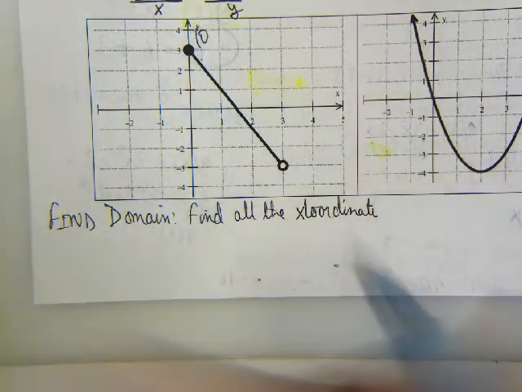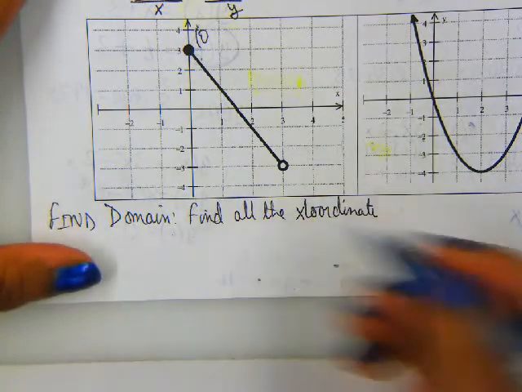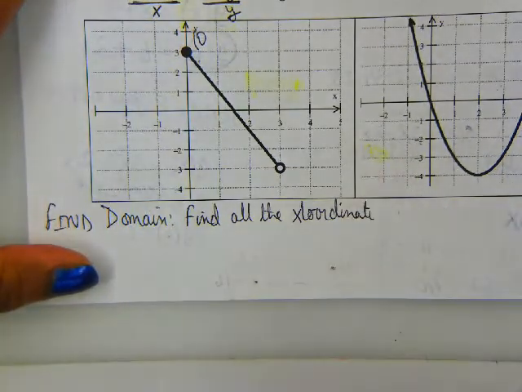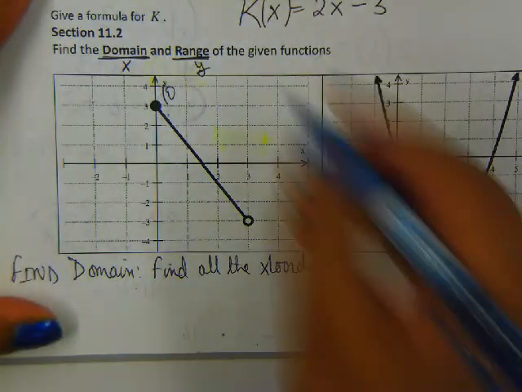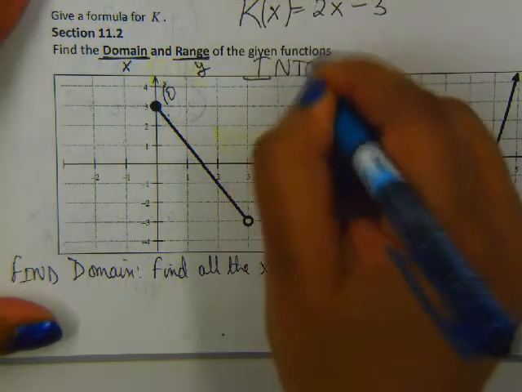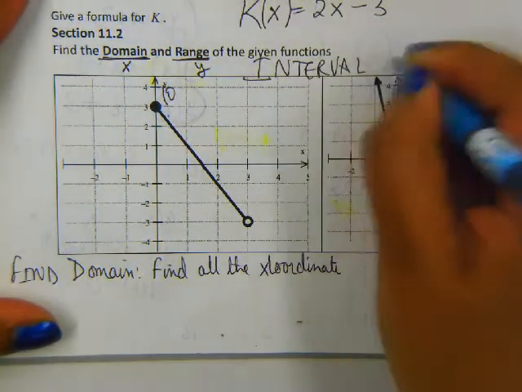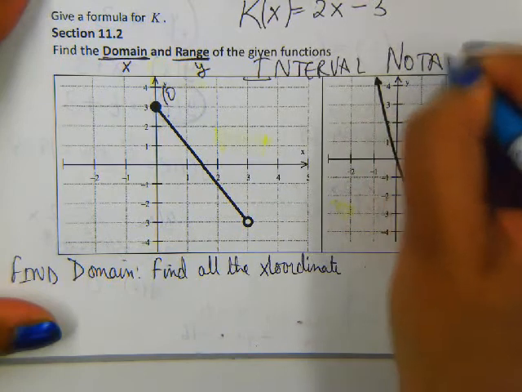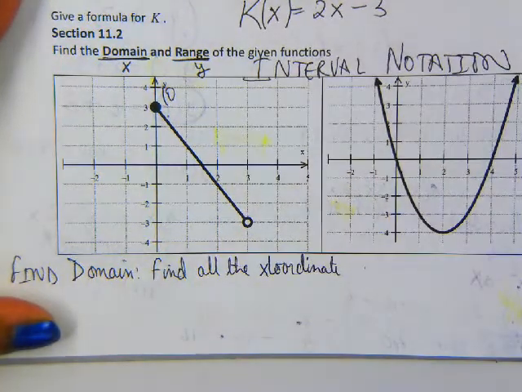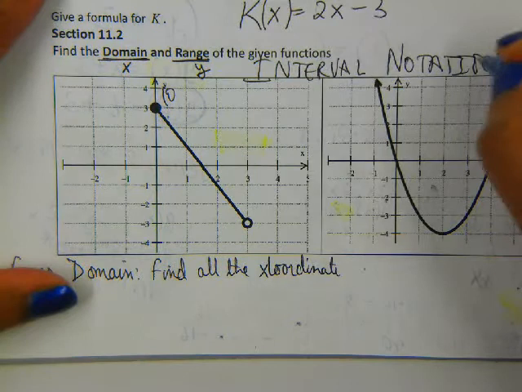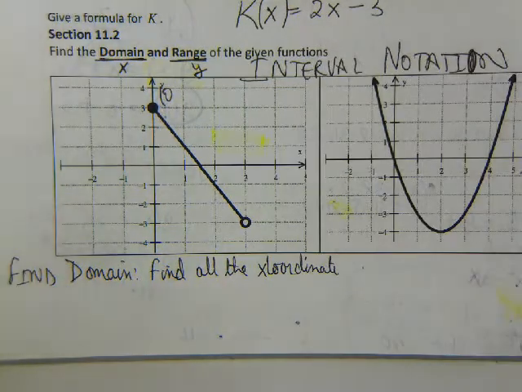If I start listing, I will be using what? Interval notation. So when I graph, I use interval notation for these. I will be using interval notation because that's the easy one. I cannot list all of it. What is interval notation?